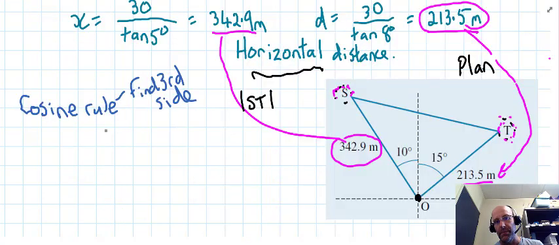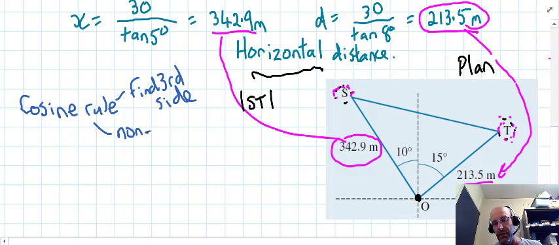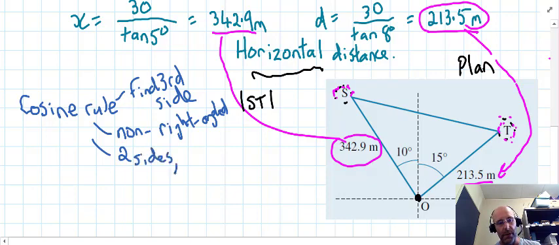We're going to use the cosine rule because we want to find a third side. It's a non-right angled triangle. We're given two sides and the included angle.